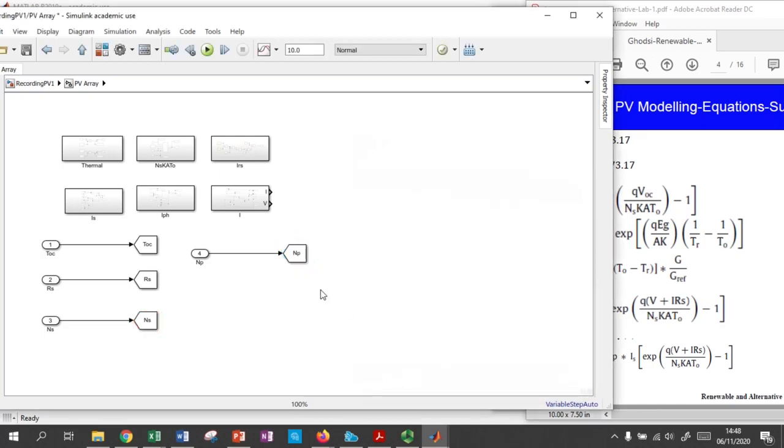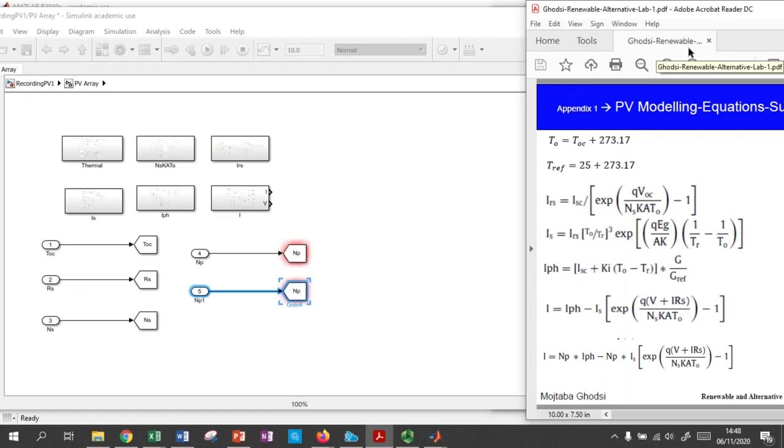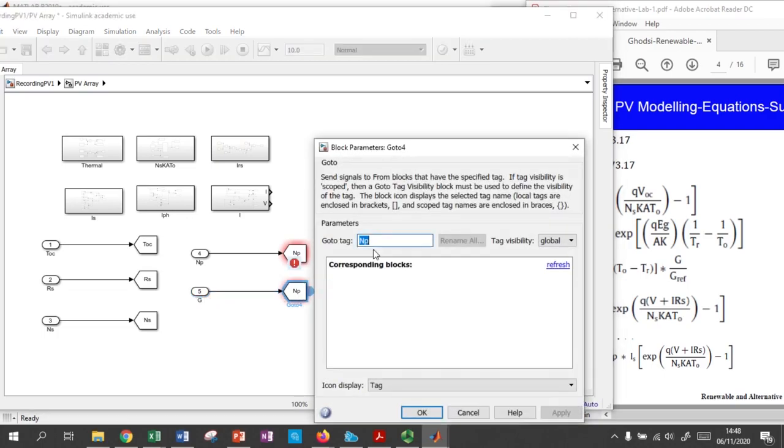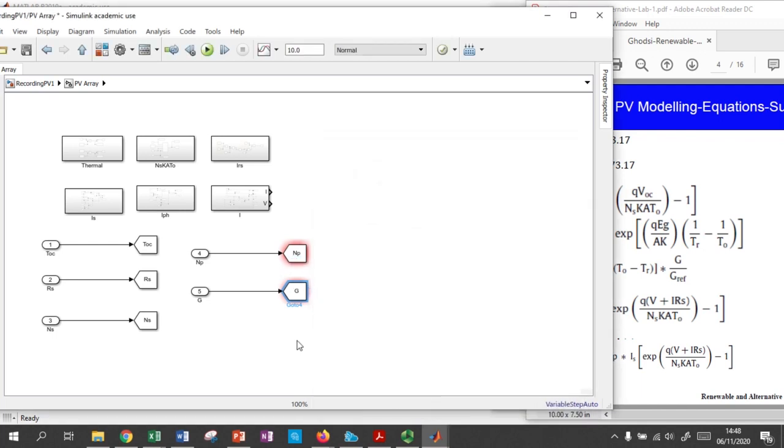What about the next one? We decided about TOC, we found the RS. RS is defined, NS is defined, NP is defined. The next is G, G as an input. Okay, then we will change it to G as an input, and we will change this one to G. Okay, this is the port for G. What else?